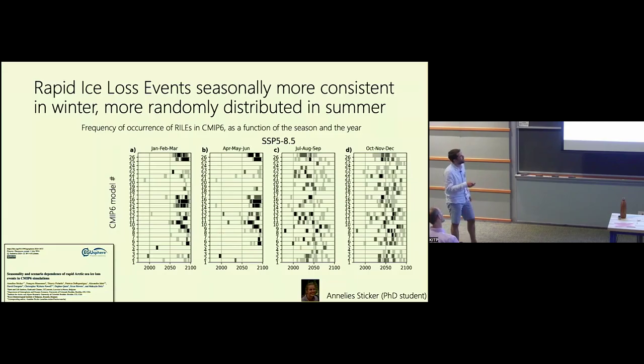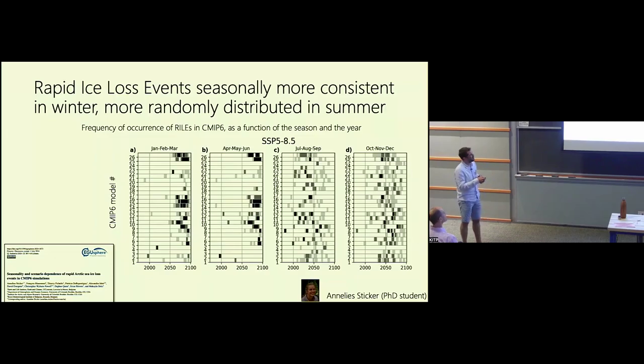And very interestingly, we see that first, RILEs occur in all seasons and in all models, as I said. So these are really features that are to be expected. By the way, if we apply the RILE detection algorithm to the observed sea ice extent, we don't see a RILE yet. Even the first decade was not sufficient to be a RILE.